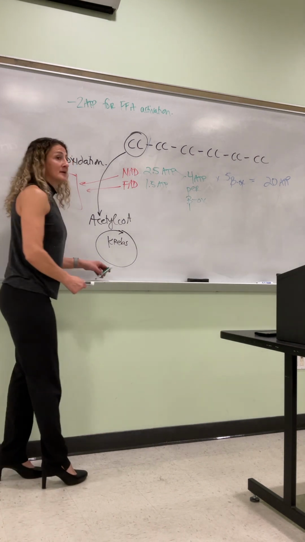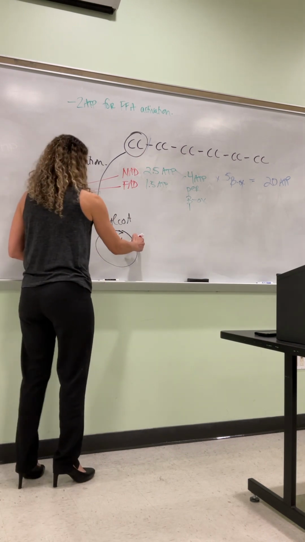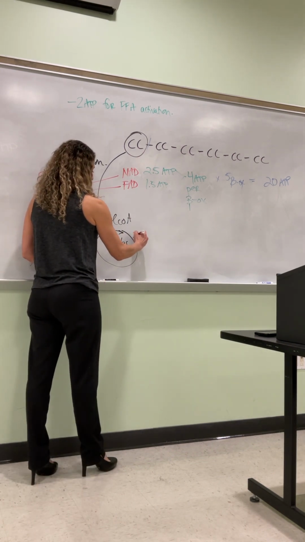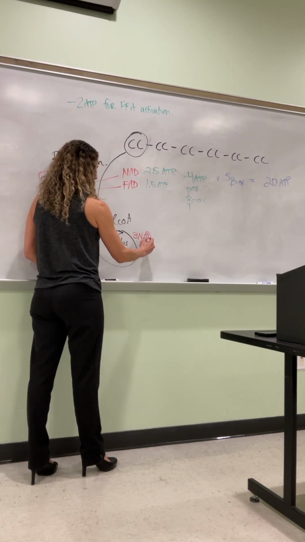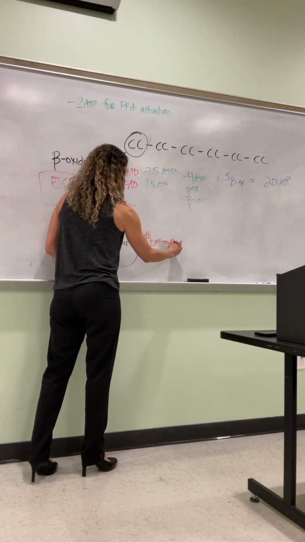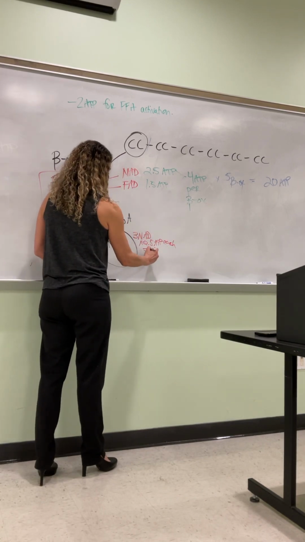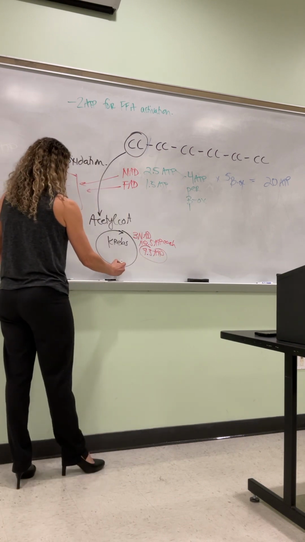We have electron carriers here. What do we have up here? NAD. 3 NADs. How many ATP each? 2.5. For a total of 7.5 ATP. What's happening down here? 1 ATP.